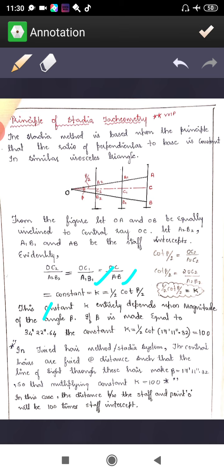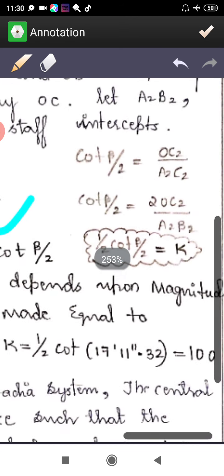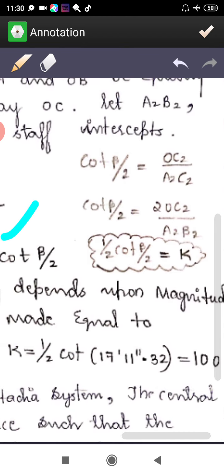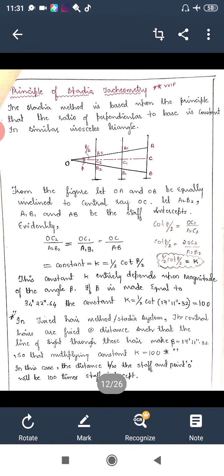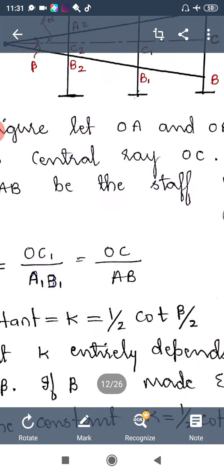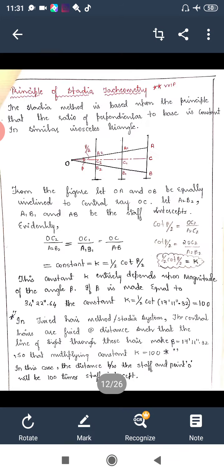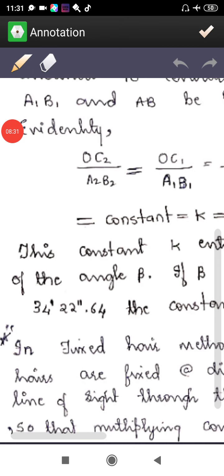Beta by 2 is 34 minutes 22 seconds 0.64 divided by 2, which is 17 minutes 11 seconds 0.32. If you put this much here, then K is going to be 100. The angle between the intercepts is going to be 34 minutes 22 seconds 0.64.